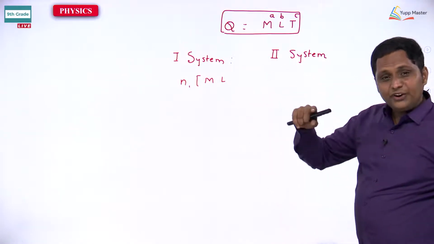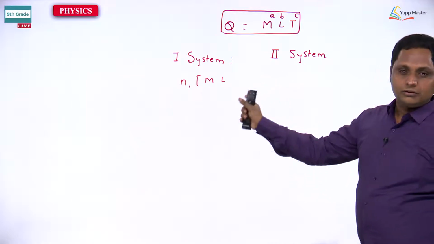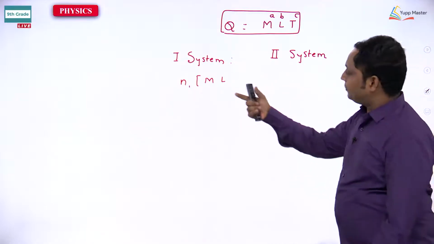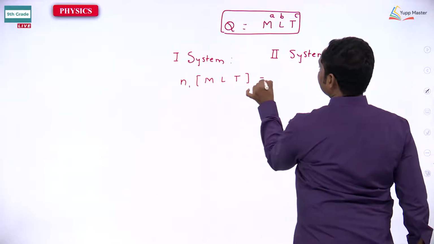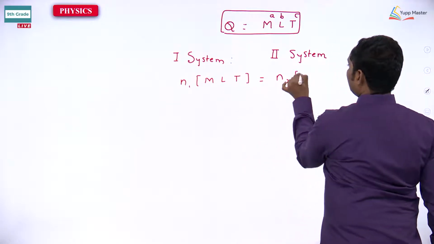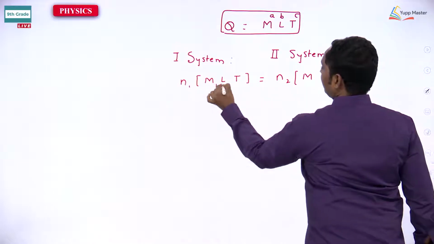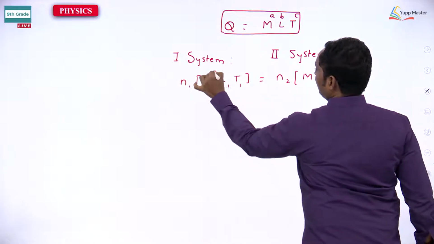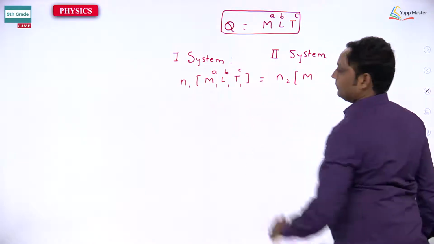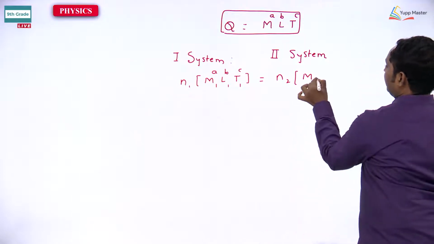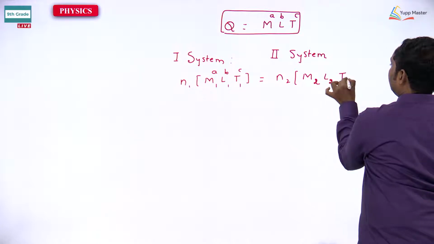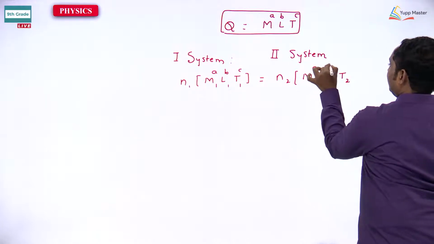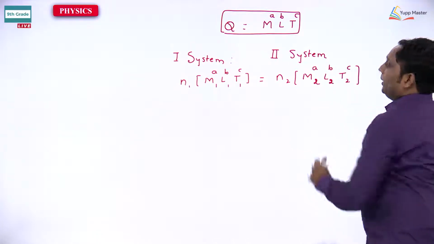So, we consider the value of that derived quantity to be n1 in the first case, and n2 in the second case. In the first system you take M1, L1, T1, in the second system M2, L2, T2, with powers a, b and c.